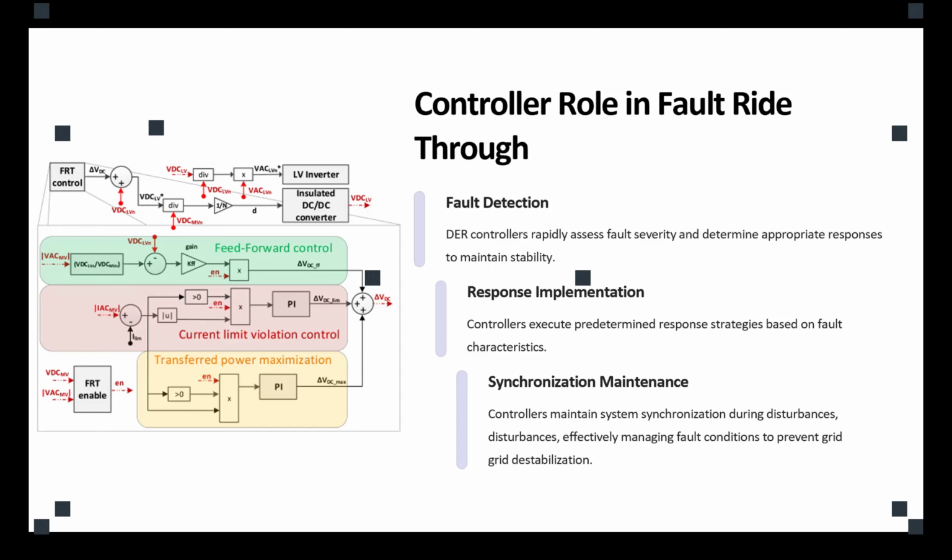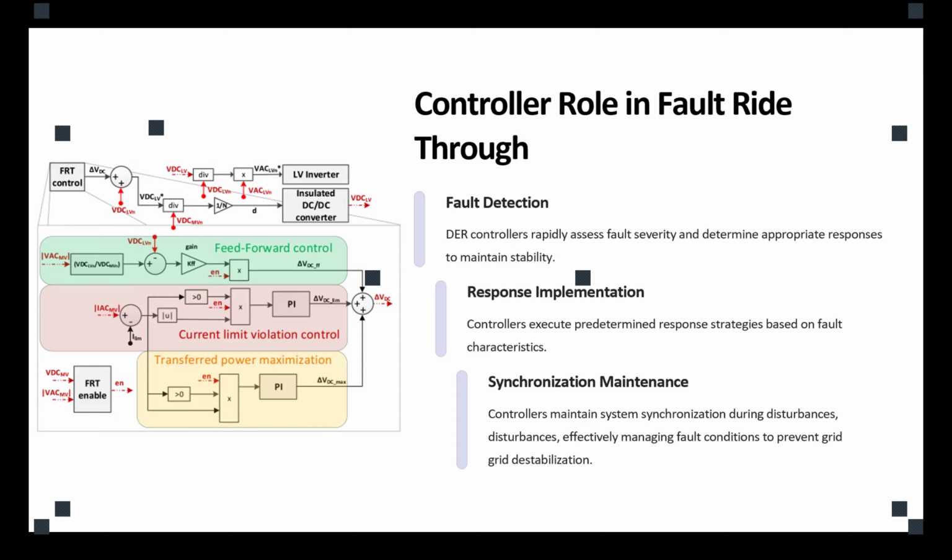Now, the fault ride through would change the controller threshold. It indicates another threshold for the protection system in the controller. So if the level of the disturbance is lower than a certain point, or the duration is shorter than a certain time, the controller should not cease the power or disconnect from the system.